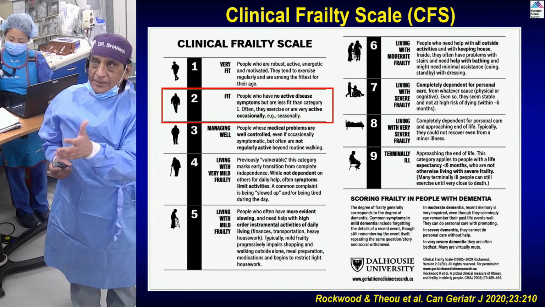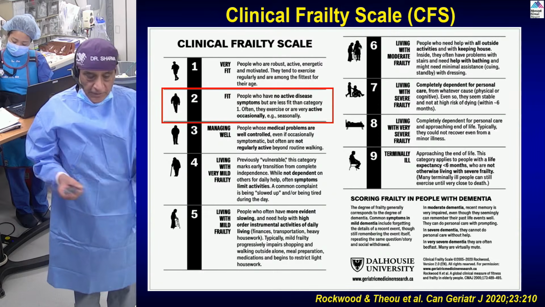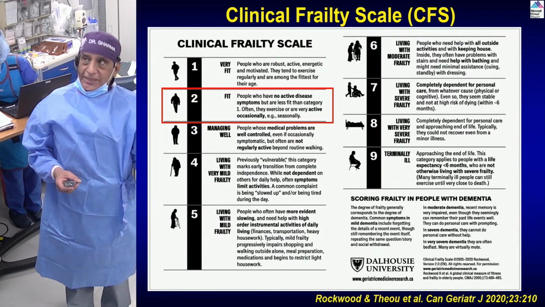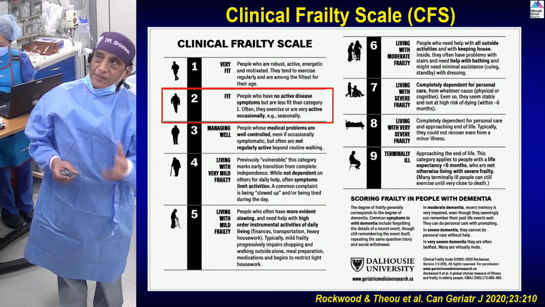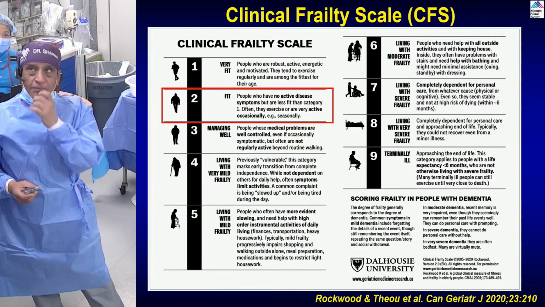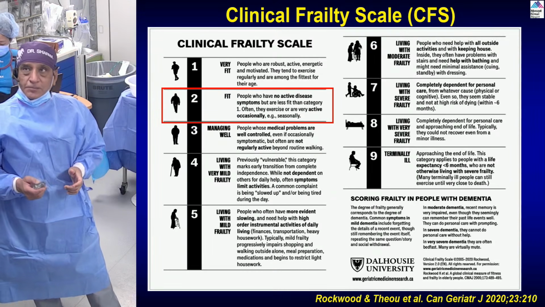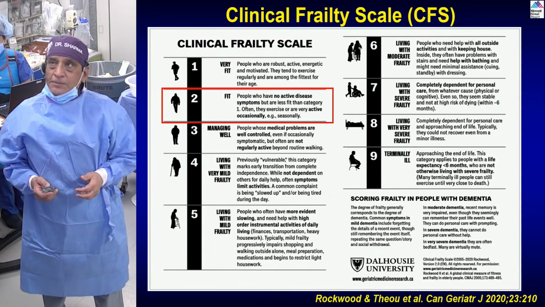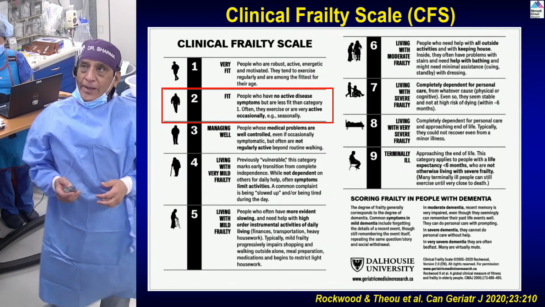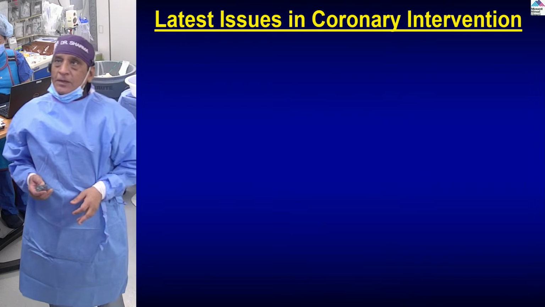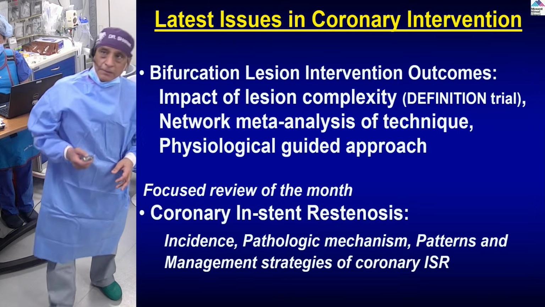A patient could be otherwise acceptable in terms of SYNTAX as well as STS, but if frail, there is totally different treatment for those patients. So in those elderly patients, we'll be presenting the frailty scale. In this particular case, it was grade 2: people who have no active disease symptoms but are less fit than category 1, often exercising or very active occasionally. So this patient is frailty level 2.